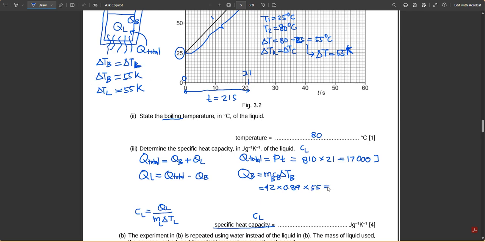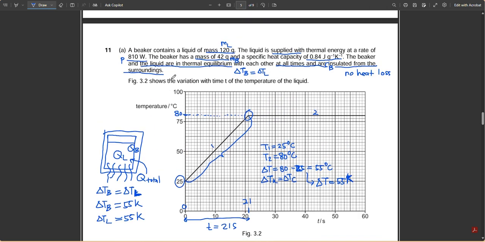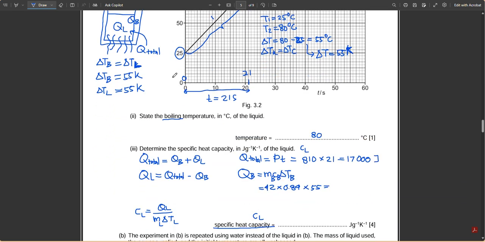Now, guys, grab your calculator. So that means 42 times 0.84 times 55. What is it? 42 times 0.84 times 55. Again, I'm going to give you time. Yes, it's 1,900.